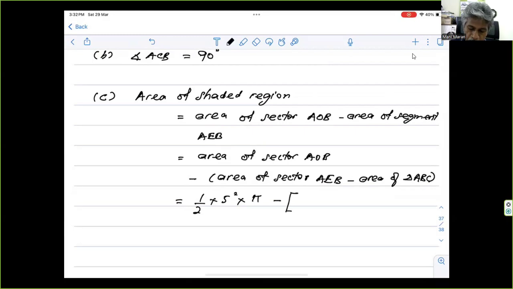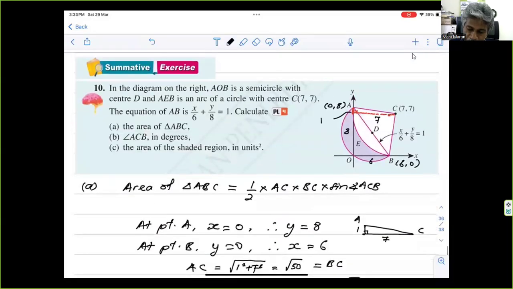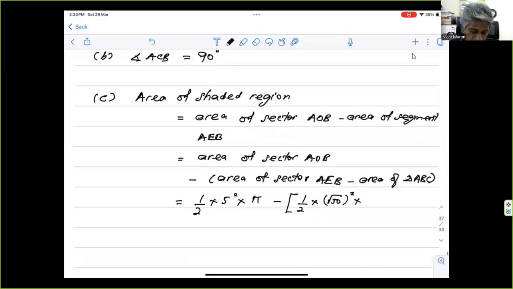minus area of sector AEB will be half r square. R square will be square root of 50 square, times angle ACB. We already found the angle ACB earlier. So the angle is pi over 2, 90 degrees.